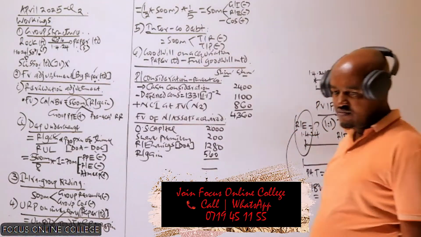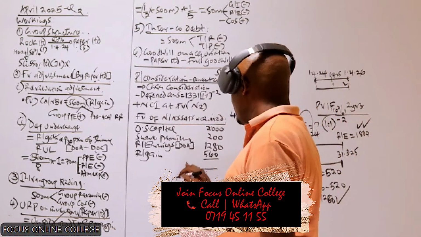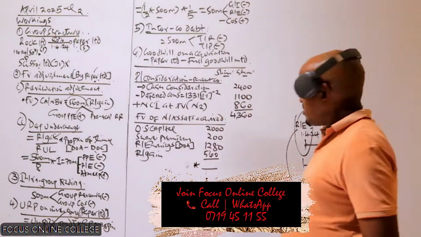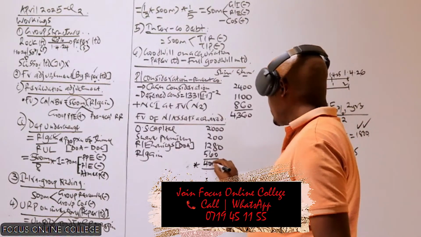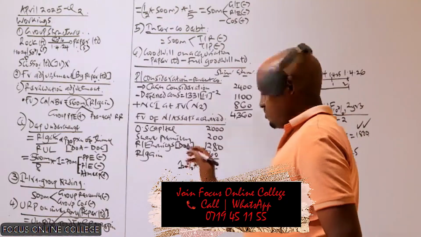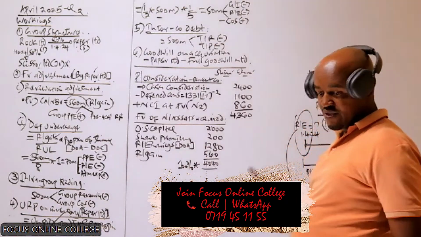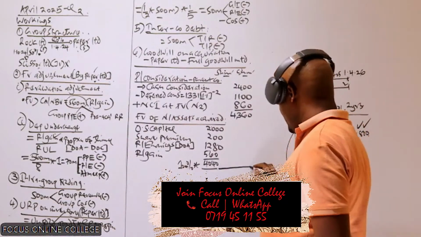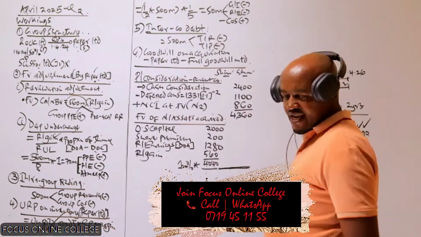Let's get this total. This will give us a total of 40. Because you're using the full goodwill method, we take 100% of that. We are interested with the net asset acquired by the parent and the NCI.